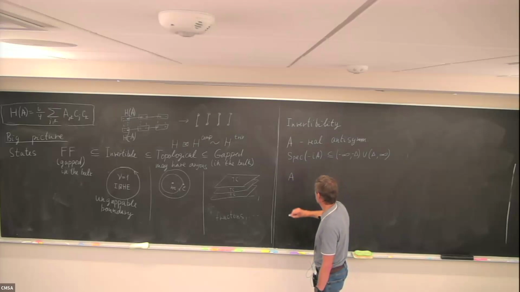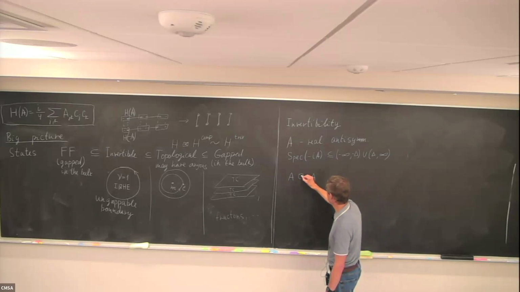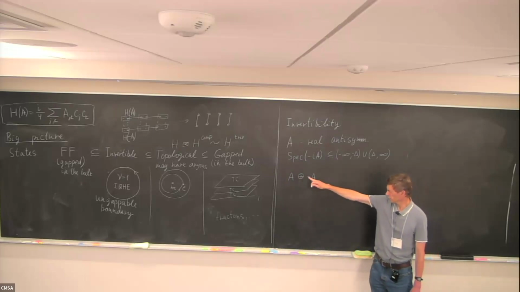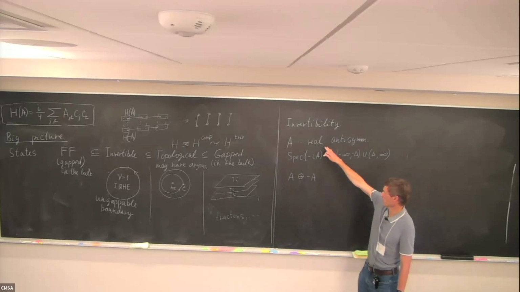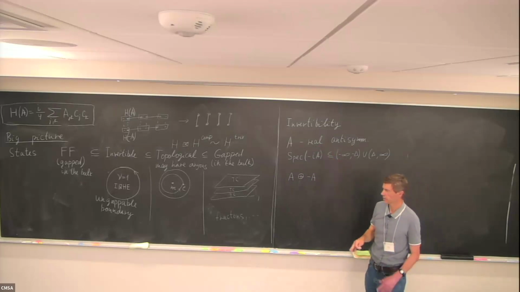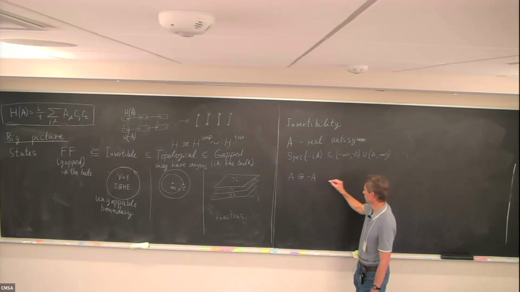Consider two matrices, A and minus A. We can consider the direct sum of the corresponding vector spaces. A is a matrix or an operator acting in some Euclidean space, and A prime minus A is also an operator acting in Euclidean space.